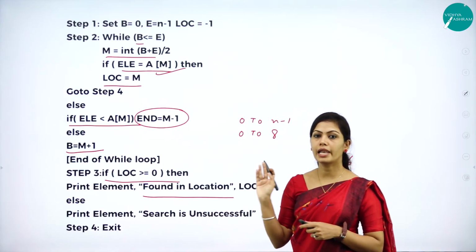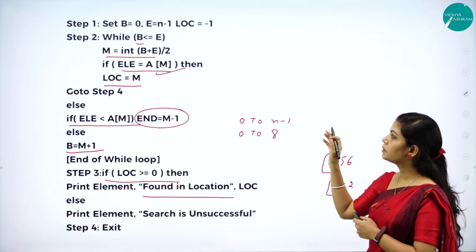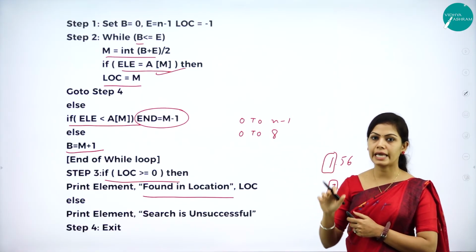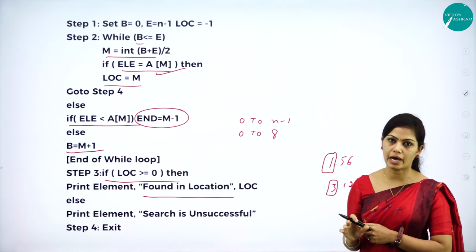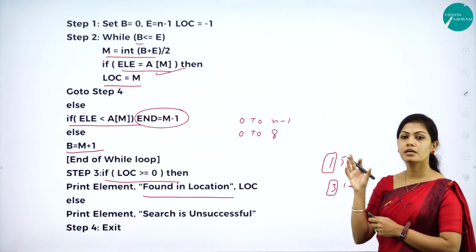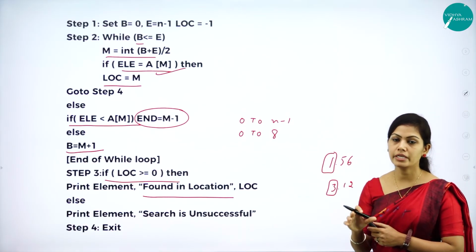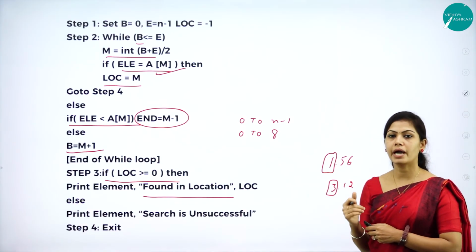So this is your algorithm for binary search. First you have to set the elements, and we have to find the midpoint value. Using midpoint value, easily we can find the particular element in a sorted array. Clear? This is called binary search.